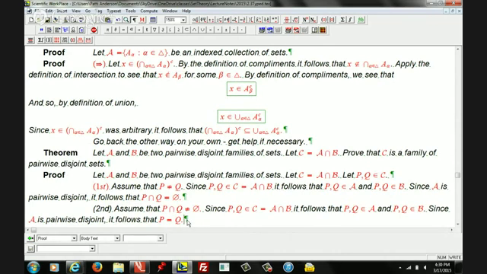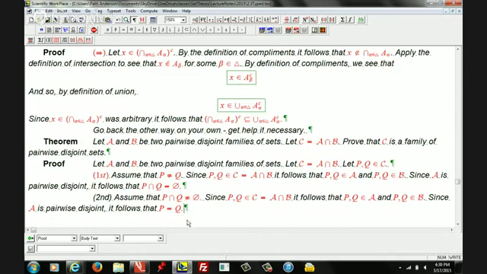So I know that either P equals Q, or P intersected with Q is equal to the empty set.